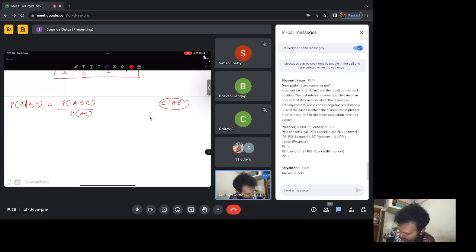Whenever there are only two variables, the conditioning is simple. But when it comes to a joint condition, it is a little complex, sir. I don't know whether I will be able to solve this, but let me try. So P of ABC by P of AB.